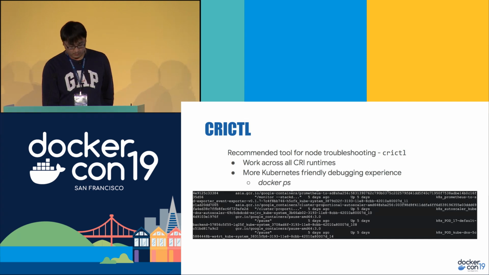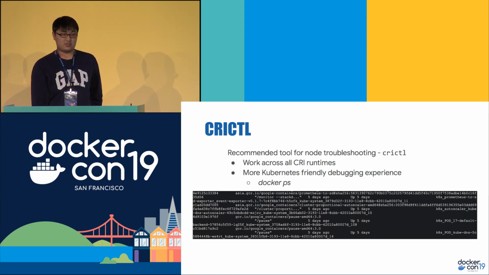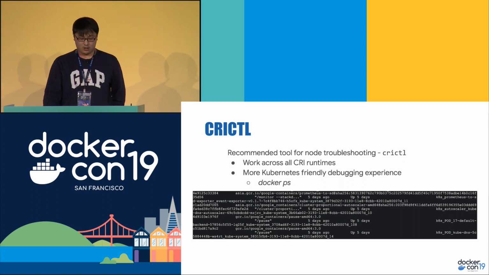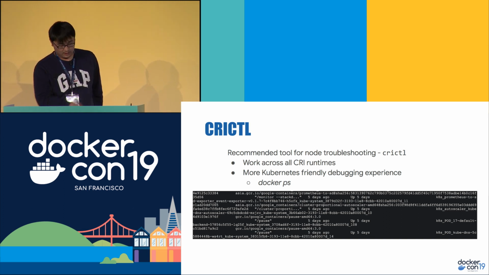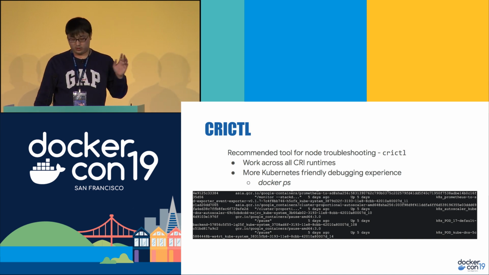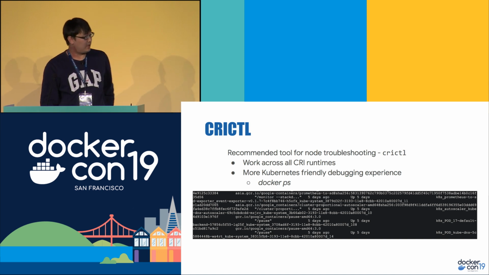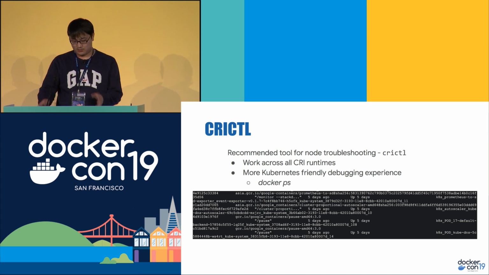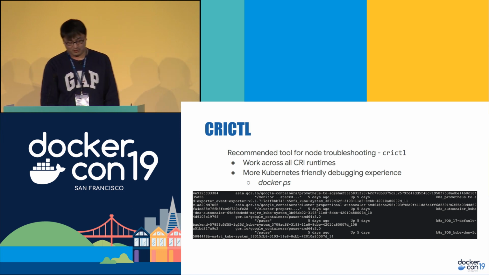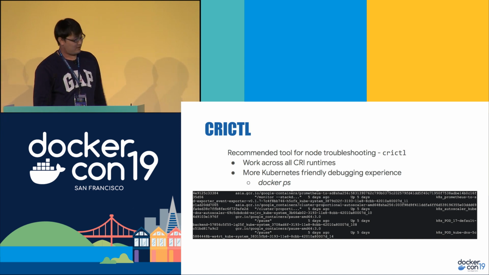Here's an example. If today you log into a Kubernetes node and run docker ps, you will see a bunch of information like this, which includes a group of pause containers, which doesn't mean anything. Also the container name is super long because, as Kubernetes, we don't know where to put our metadata, so we just put it into container names.